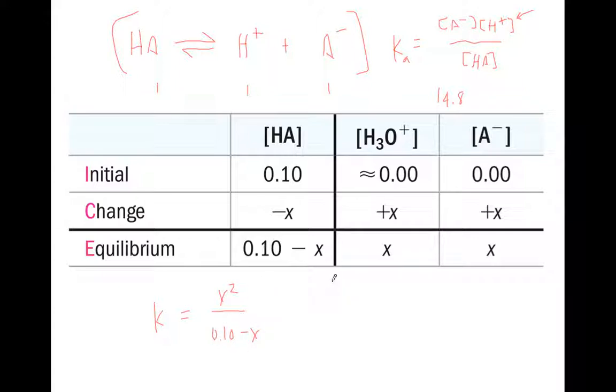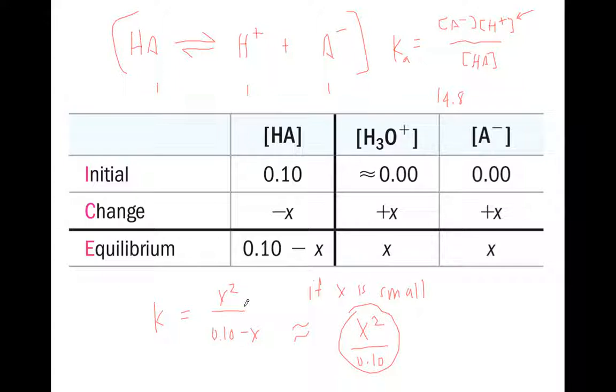And what we said in 14.8 is if x is small, then this is about the same as x squared over 0.10. Do you remember us doing that? This is a super big shortcut. This goes from being a quadratic to a not quadratic, which is much easier to solve. And it turns out oftentimes x is small. So that's what we're going to do here for the next couple practice problems.